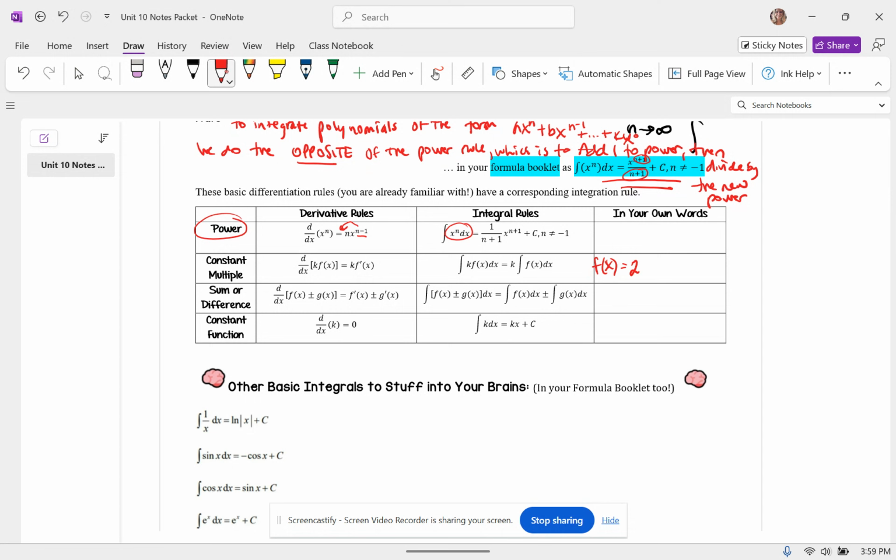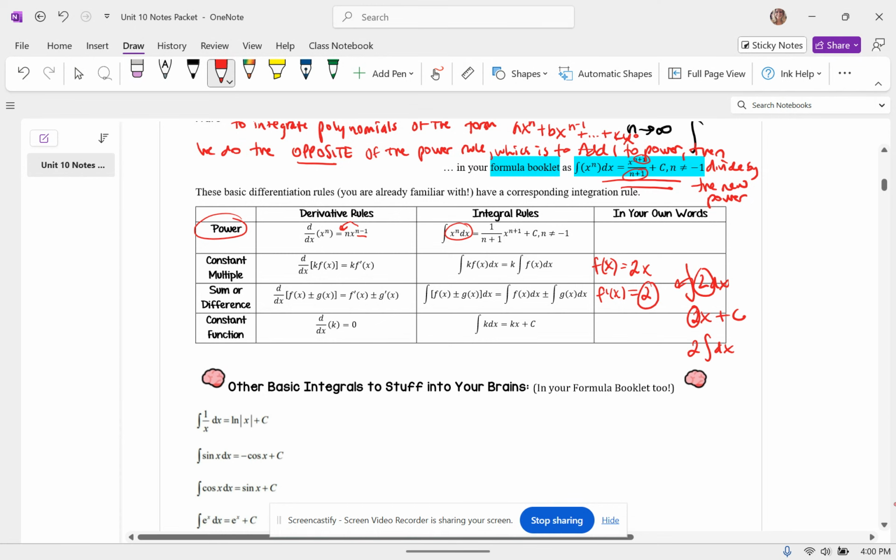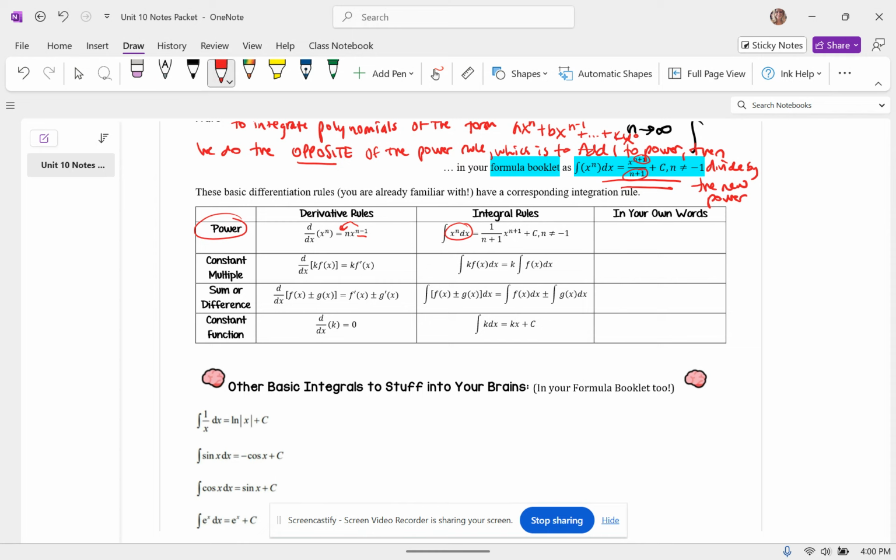Let's say f of x was this, and you take its derivative, it's going to be a 2, right? If you integrate 2 dx, you end up getting 2x plus c. Okay, so it's just saying that this 2 never goes away. When you have a constant, you can also just pull it out of the integral if you want. You would end up getting the same thing. Okay, so that's the constant multiple rule.